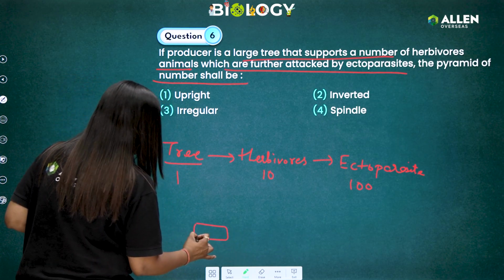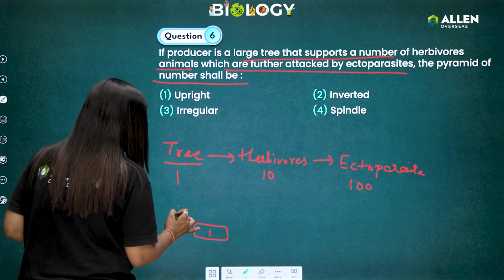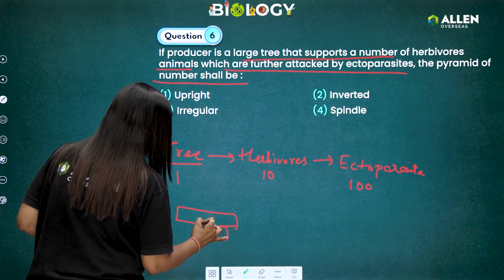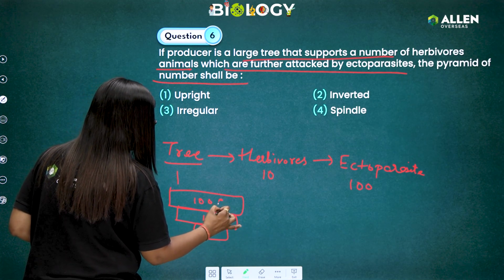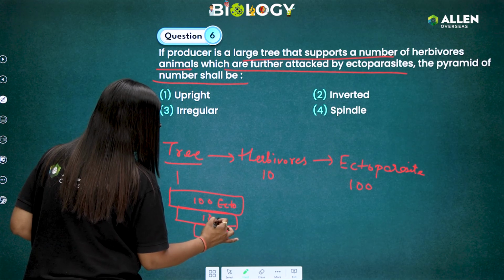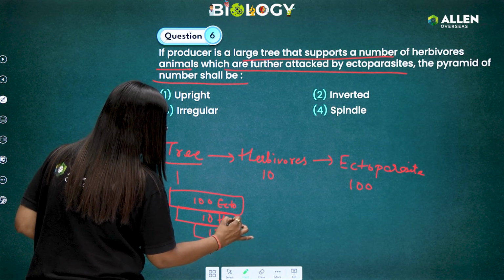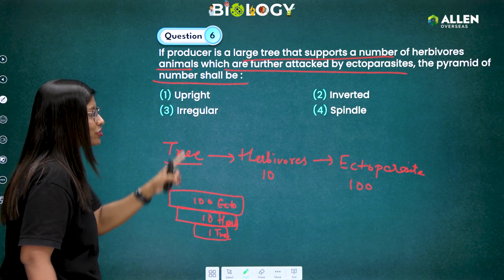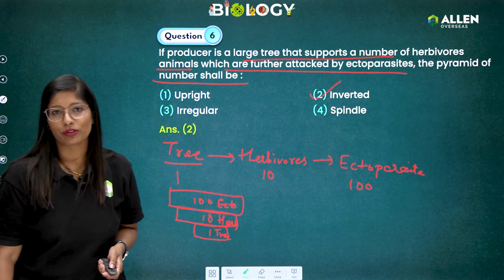So let's make the pyramid. First trophic level will come here. So T1 will come here. So 1. Then herbivores will come. So 10. And finally your ectoparasites will come, which is 100. Okay, so 100, 1 and this is 10. Now when you see the shape, what shape is it coming? It is coming inverted. So your answer is option number 2.